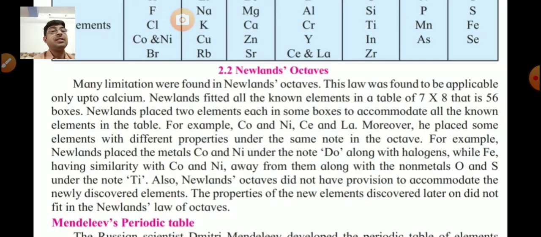Also, the next limitation is given here. Newland's octave did not have provision to accommodate newly discovered elements. The properties of the new elements discovered later on did not fit in Newland's law of octave. So these are some limitations given in this paragraph.